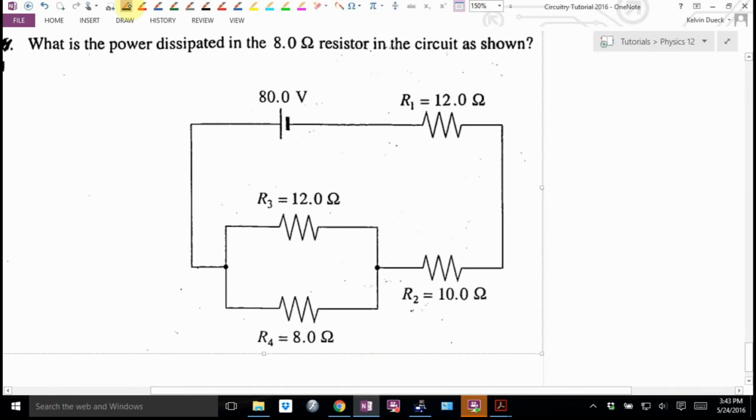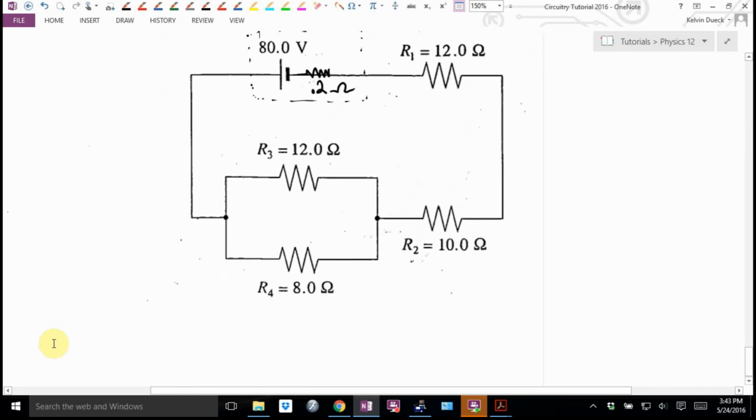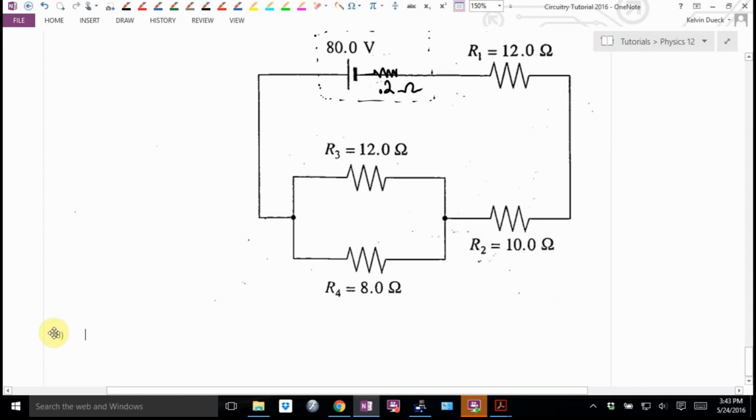Let's put right here a little 0.2 ohm resistor. Okay, and let's add a part B. What is the terminal voltage?